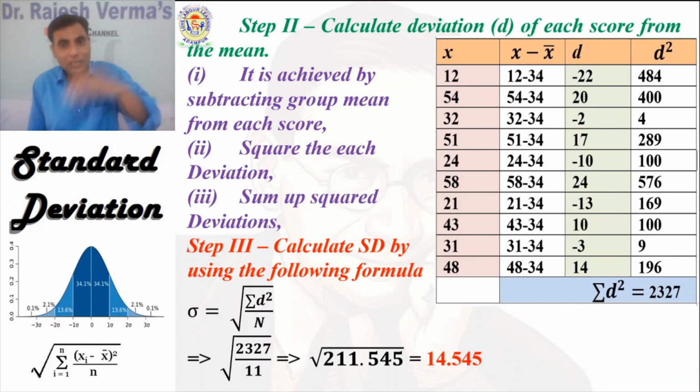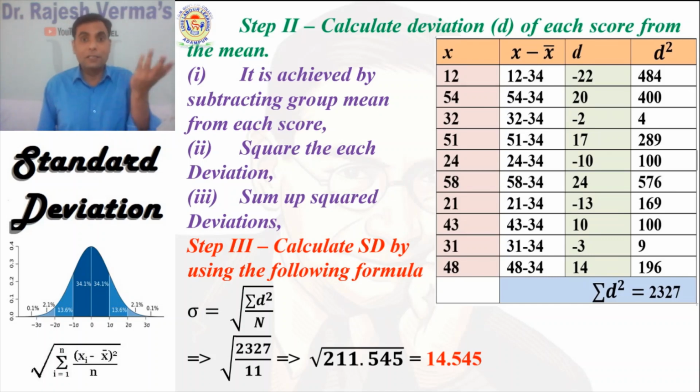Once you square the deviation, certainly your answer will be in the squared form. The antidote to square is the square root. So you have to calculate the square root. Getting my point? So this is the logic and reasoning behind why we calculate the square root of the deviations. Because in fact in the previous step you squared the deviation. So this is a very simple one.